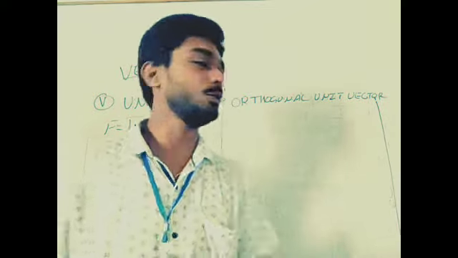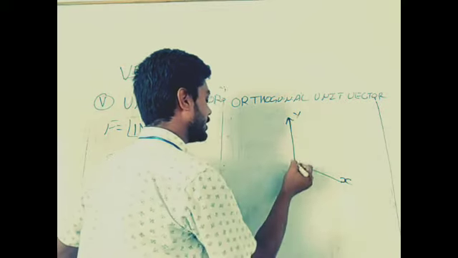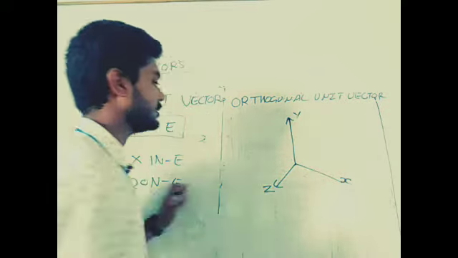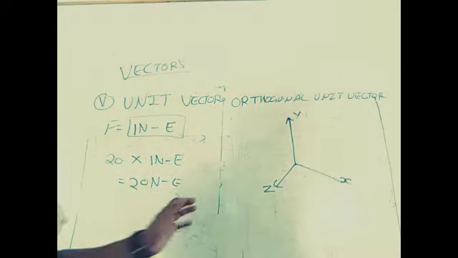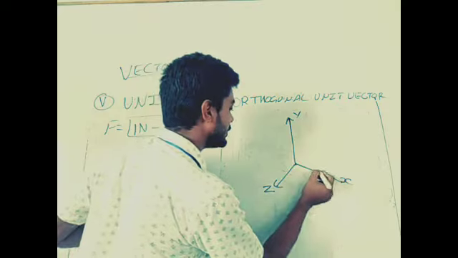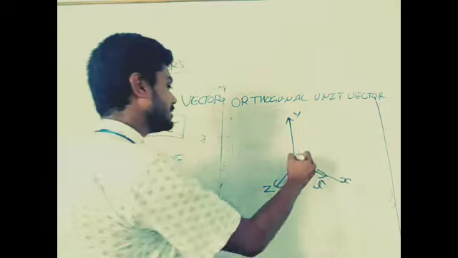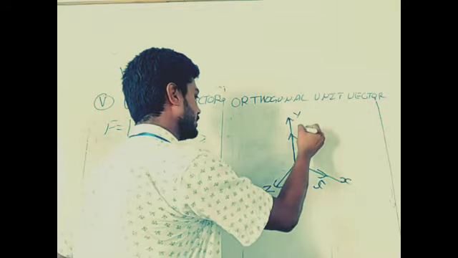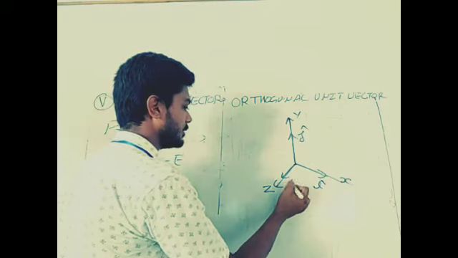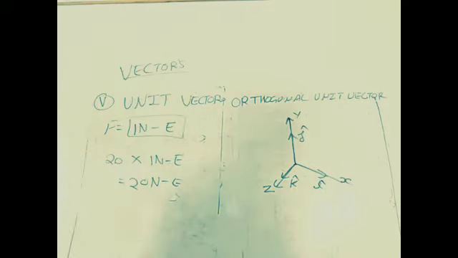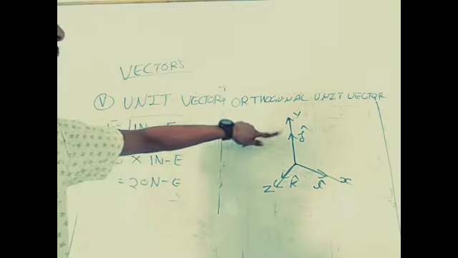We use the x-axis, y-axis, and now the third axis will be the z-axis. For the x-axis, we will use the unit vector i cap. For the y-axis, we will use the unit vector j cap, and for the z-axis, we will use the unit vector k cap.